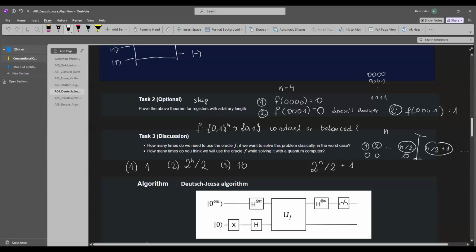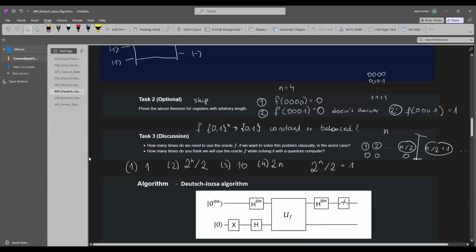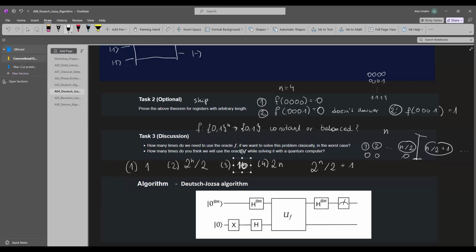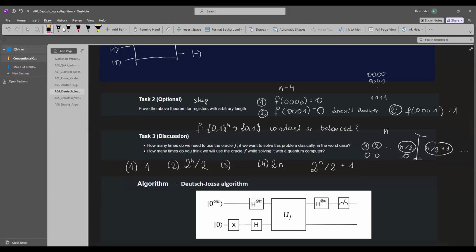Just because 2n, we have 2n. And n minus 1. Okay, okay. The 10 is a little bit absurd, so we'll come back to it.